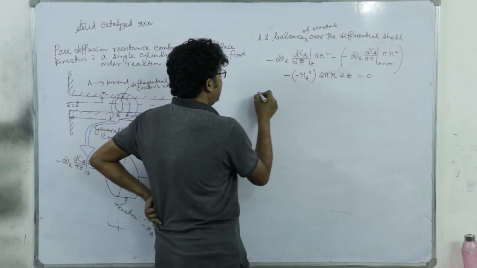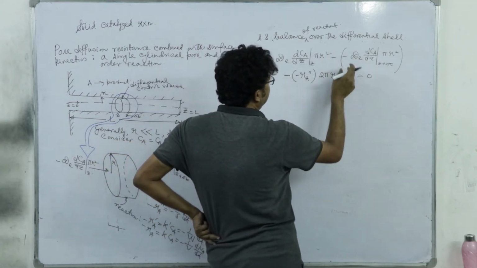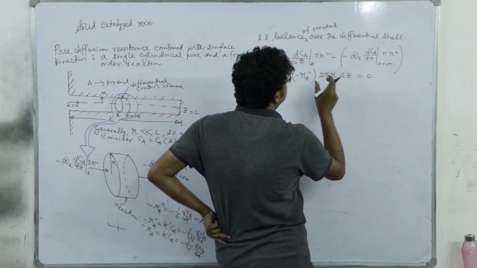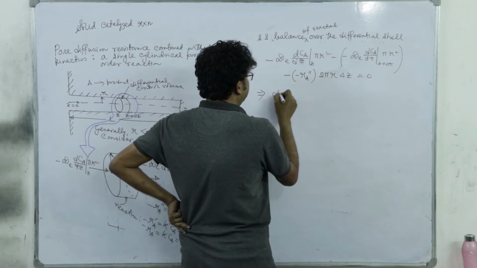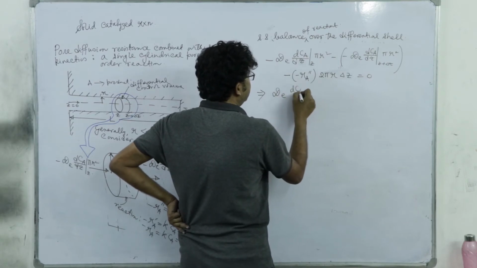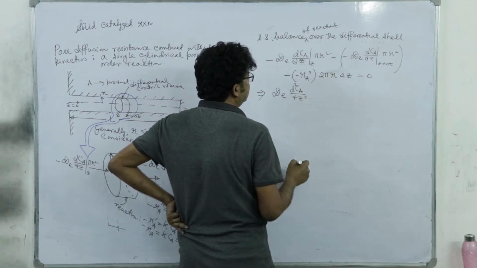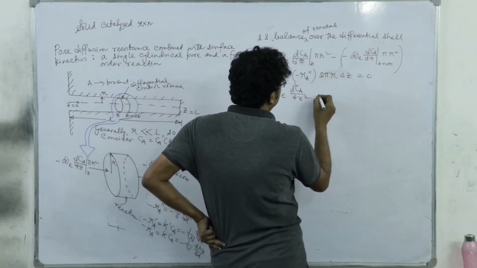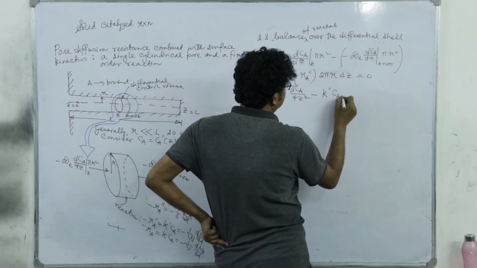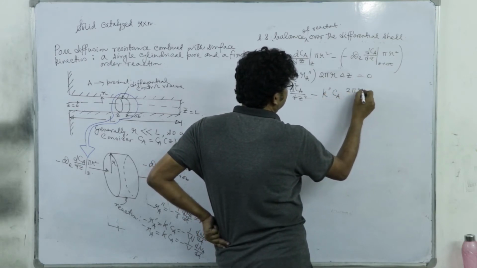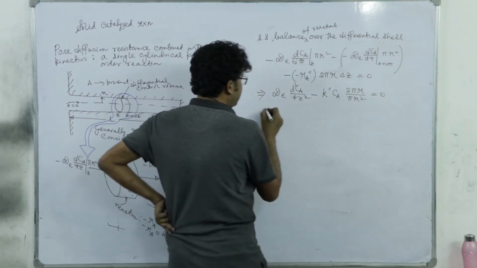So, what we will have is this divided by delta z, and so we have D de dCa dz, d square Ca dz square, minus k double prime into Ca into 2 pi r divided by pi r square equal to 0.